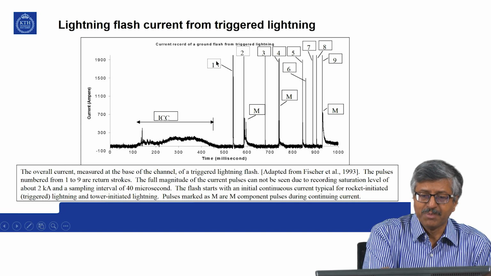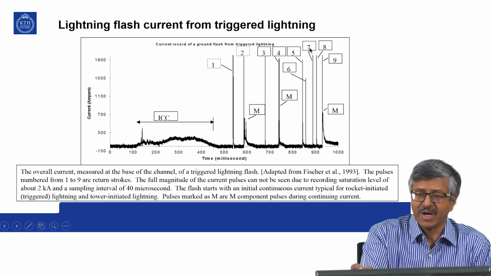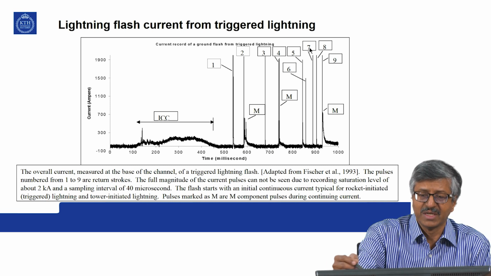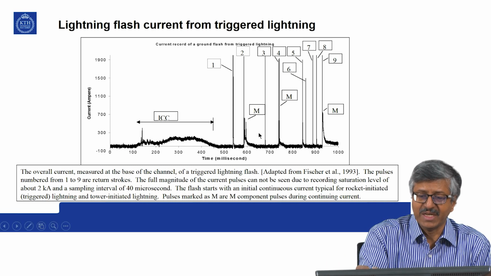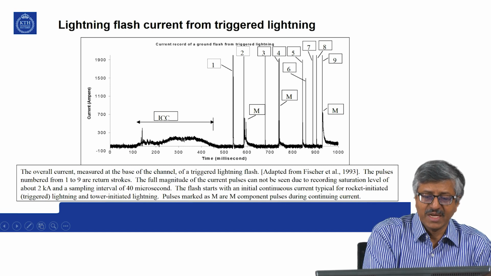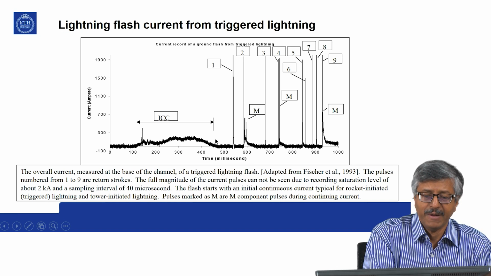Now these pulses 1, 2, 3, 4 like that, most of them are above 2000 amperes, but it is kind of cut to show the finer details of low currents. What you see here is the initial continuous current process of few hundreds of ampere in amplitude.